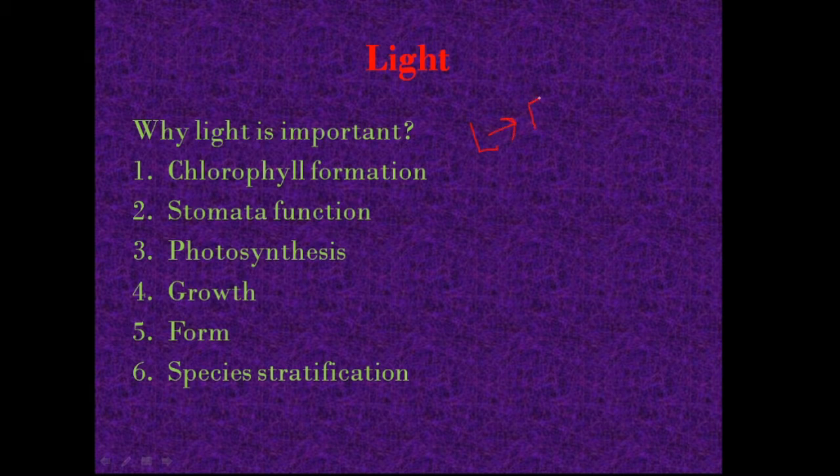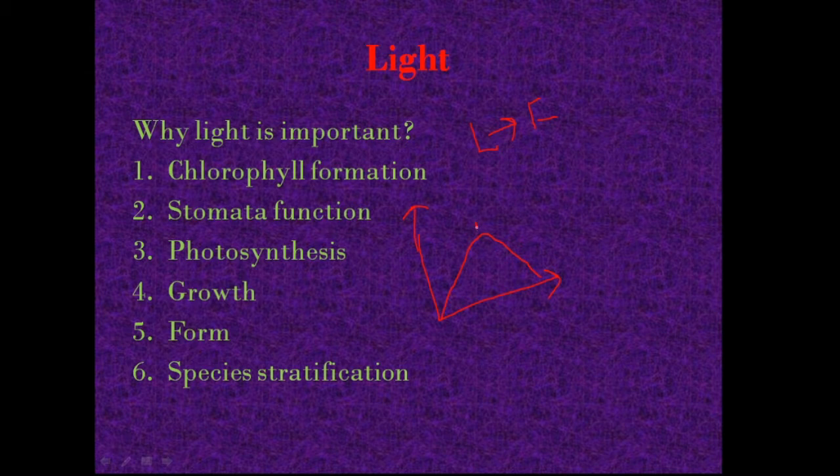For example, the amount of photosynthesis that takes place varies when the light conditions vary, which means when the amount of light received increases, the photosynthesis increases up to a point and then decreases.